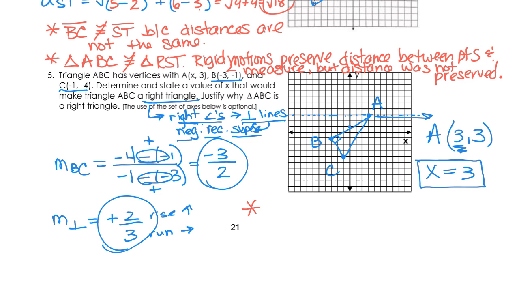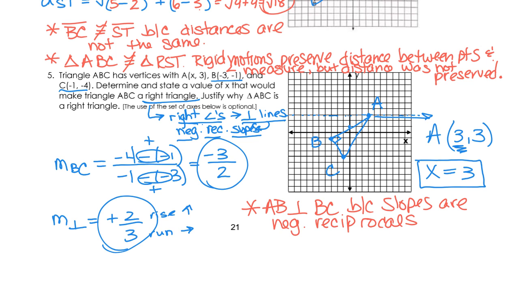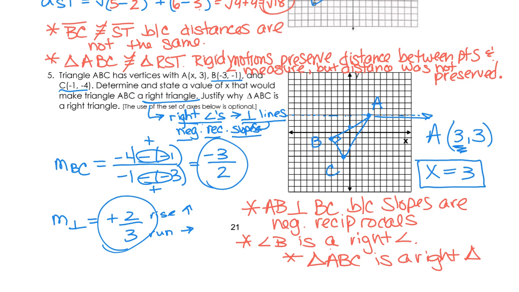So we're going to go ahead and say that AB is perpendicular to BC because slopes are negative reciprocals. We can then say that angle B is a right angle. And therefore we can say triangle ABC is a right triangle.